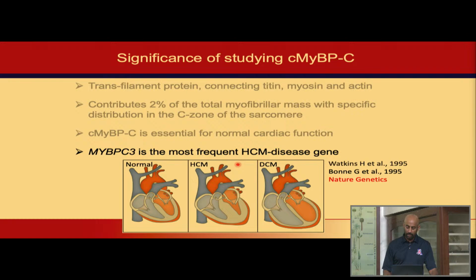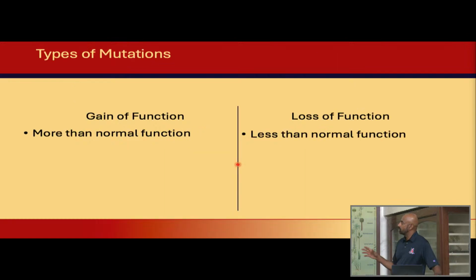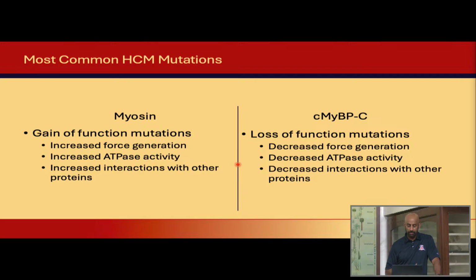Okay, so again we talked about two different mechanisms of mutations. One is gain of function, another is loss of function. Gain of function means more than normal function, loss of function means less than normal function. These are the two major examples. In myosin heavy chain, most of the mutations result in gain of function.